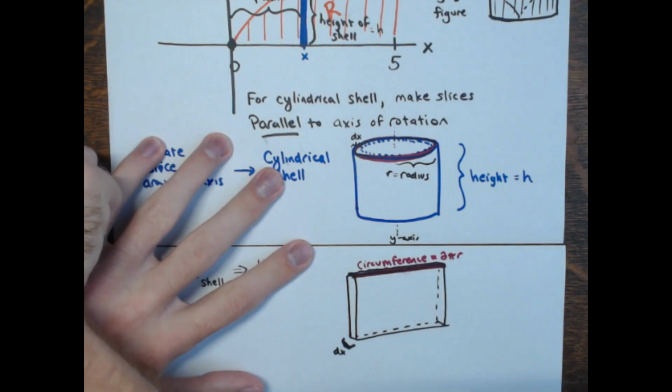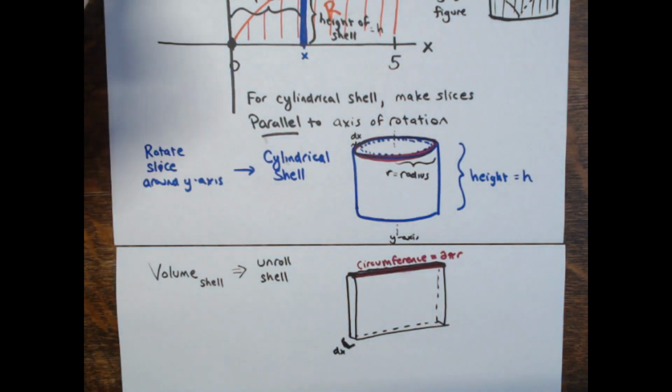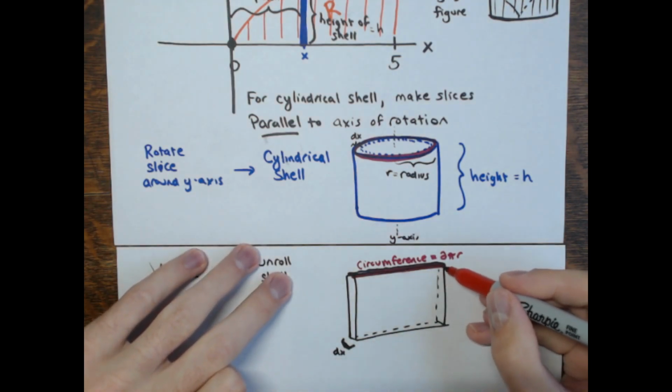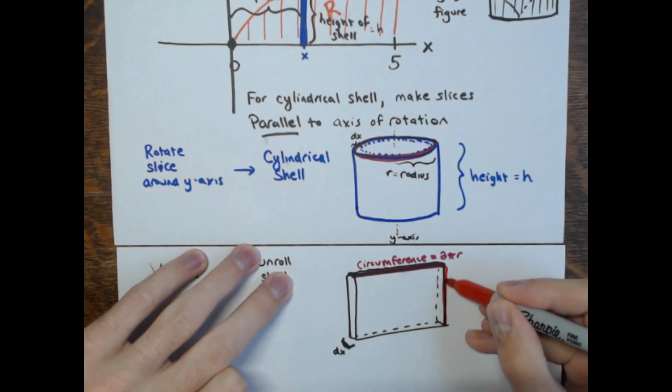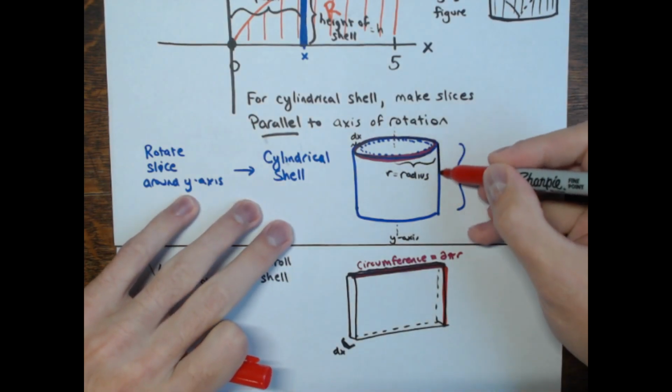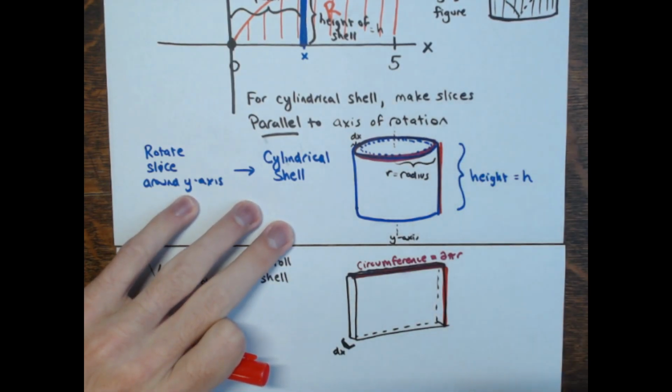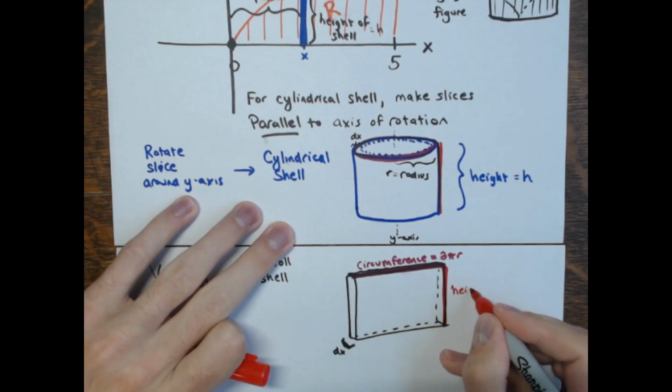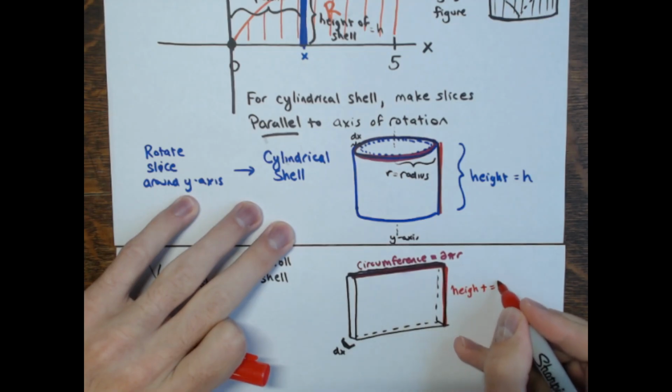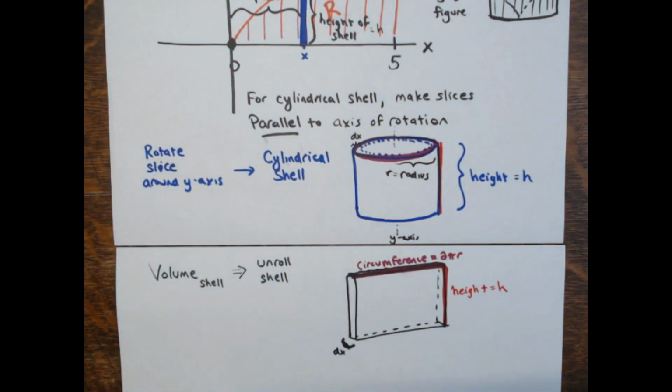And then, of course, this length here is the top edge, and then this edge here is this edge here, right, when you unroll it. It's just the height of the shell, which again I was calling h earlier. So the volume of a shell, let's call it V shell, is just the volume of this little piece of paper, this thin rectangular prism.